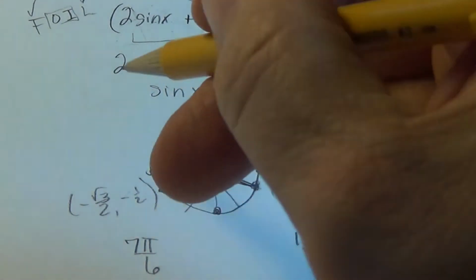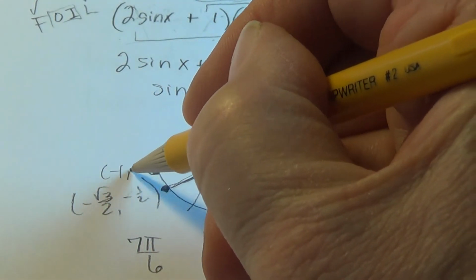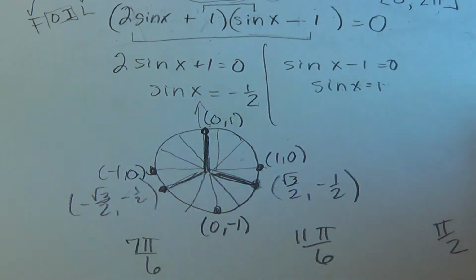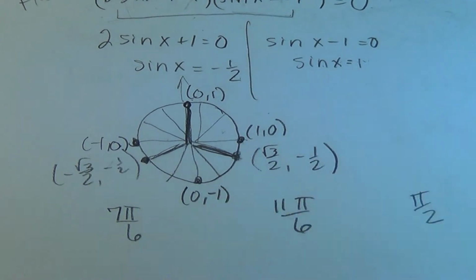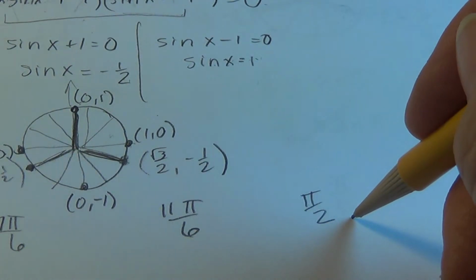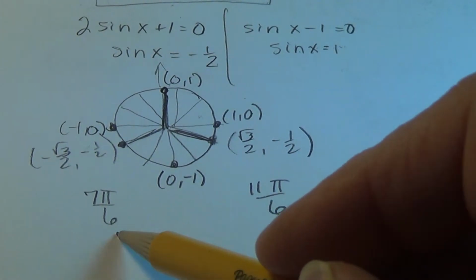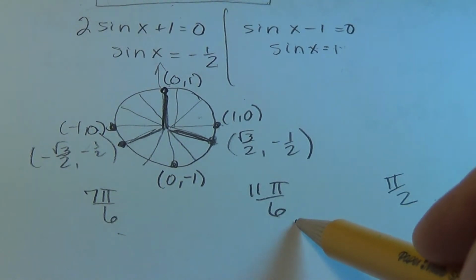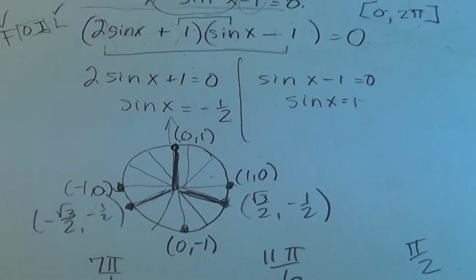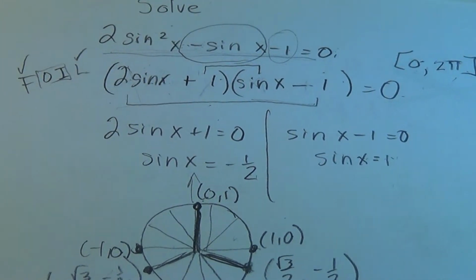And checking over here, negative 1, 0, nope. And 0, negative 1. So it seems to only happen at one spot, pi over 2. So putting them all together, I get 7 pi over 6, 11 pi over 6, and pi over 2 are the solutions to that equation.